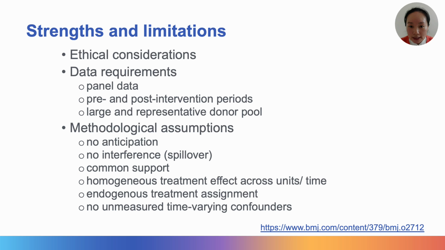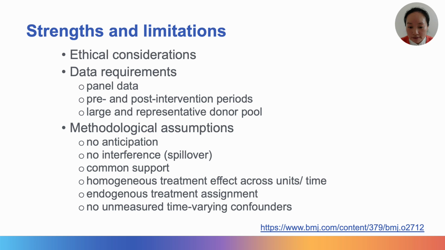In terms of data requirement, you would need to have panel data to use synthetic control methods, and you would have to have pre and post intervention periods in your panel data.